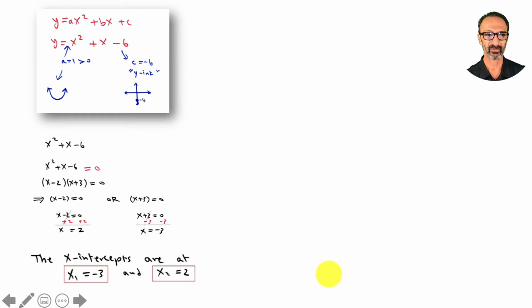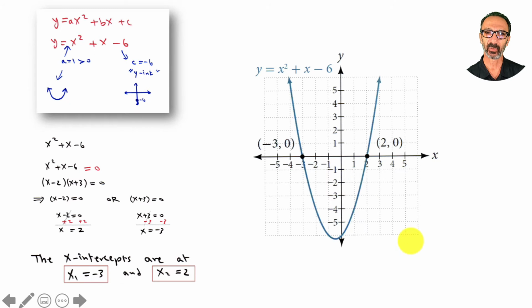Alright, that's what we have. And here's a clear graph, not by hand, as a rough graph. The x-intercepts are at negative 3, 0, and 2, 0, because the y value is 0. That's like setting y equal to 0.